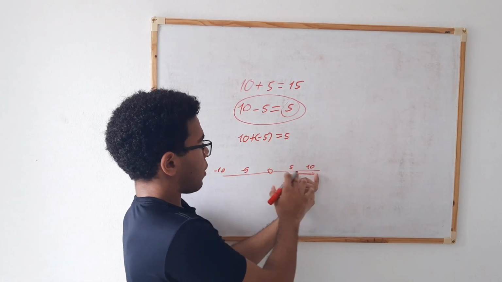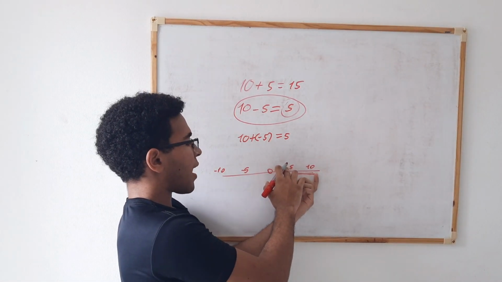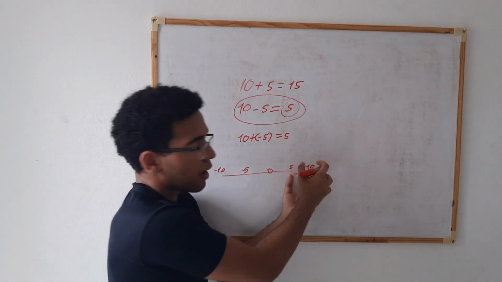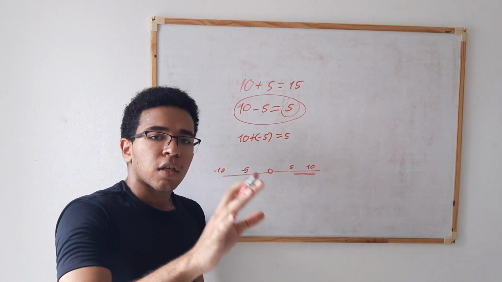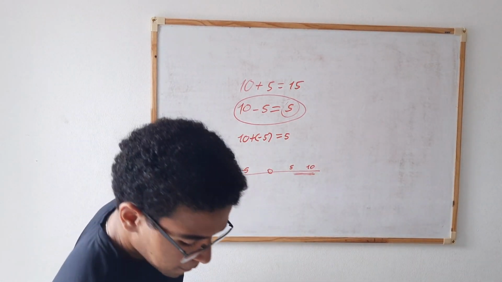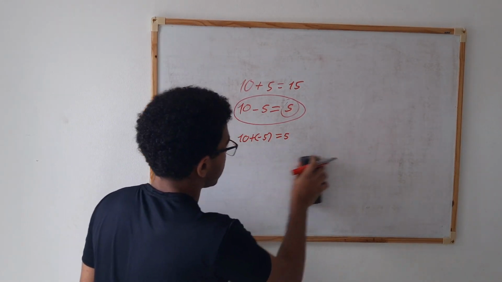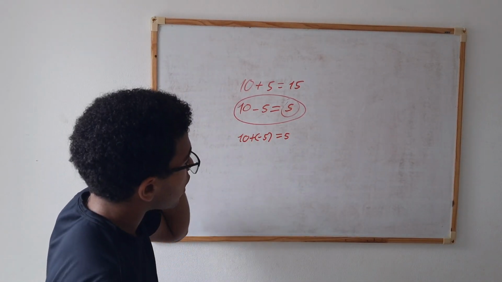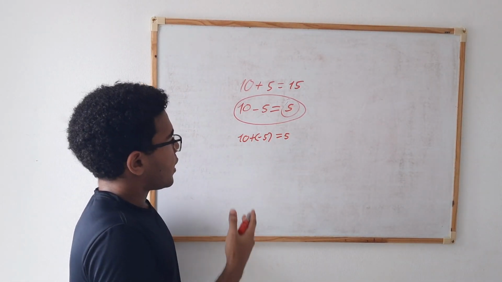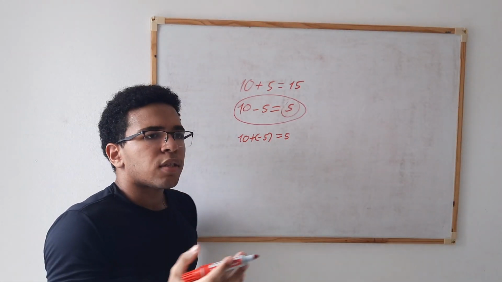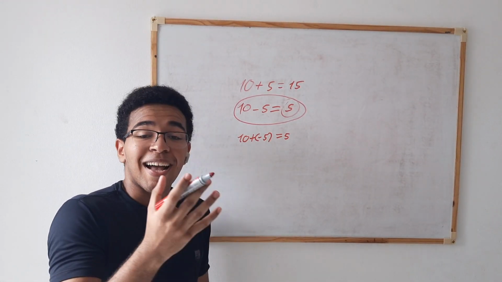Because, well, if we have 5 and we add 5, we have 10. I hope that's not too confusing, but that is just a demonstration of how subtraction is equivalent to addition.